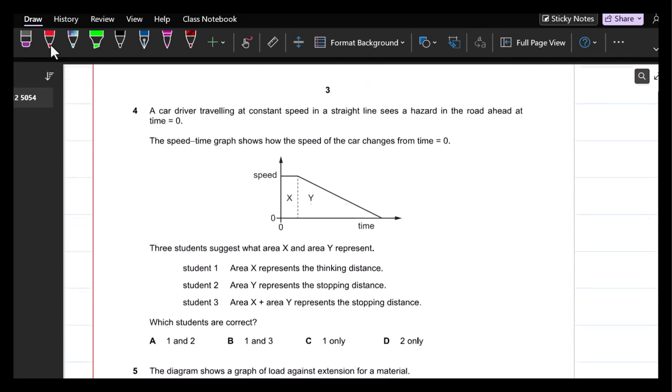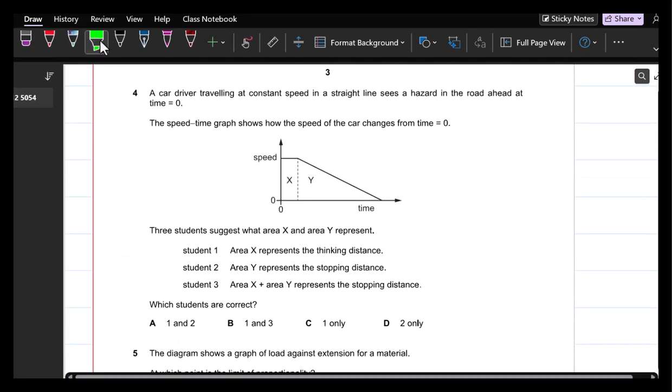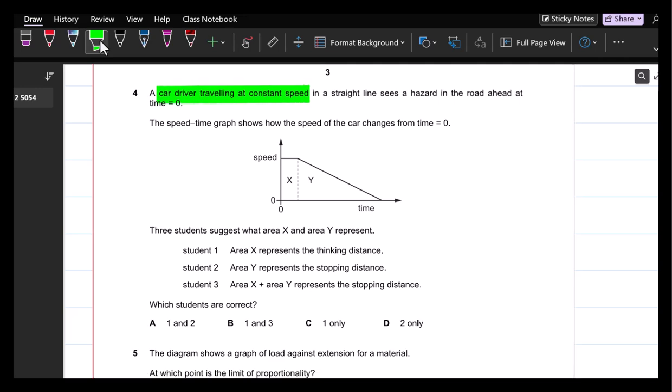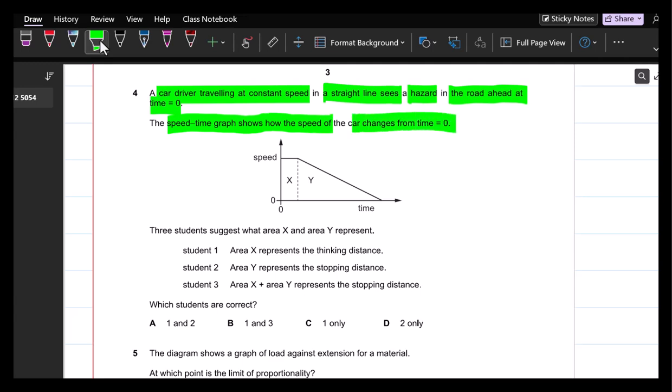Moving to question 4. A car driver traveling at constant speed in a straight line sees a hazard in the road ahead at time 0. The speed time graph shows how the speed of the car changes from time 0. So they are talking from time 0 onwards.